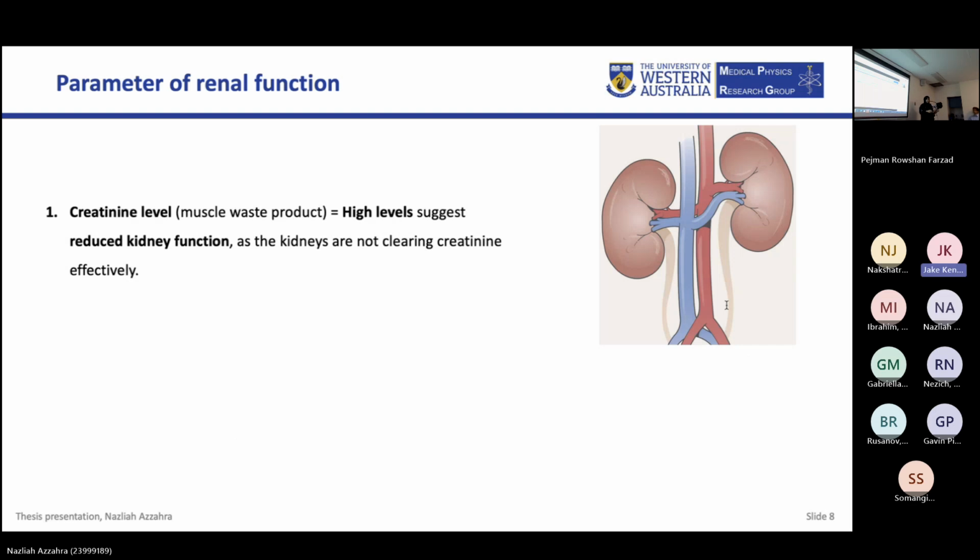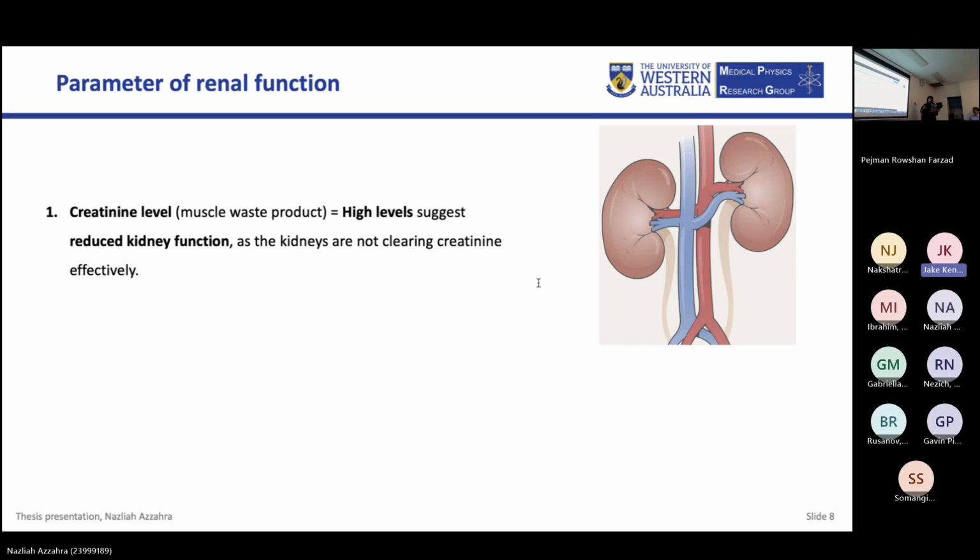There are two common parameters to describe kidney function. The first one is creatinine, which is our muscle waste product. Basically, the kidney should excrete or clear the creatinine, but if the creatinine level inside the body is high, it means the kidney doesn't function properly.